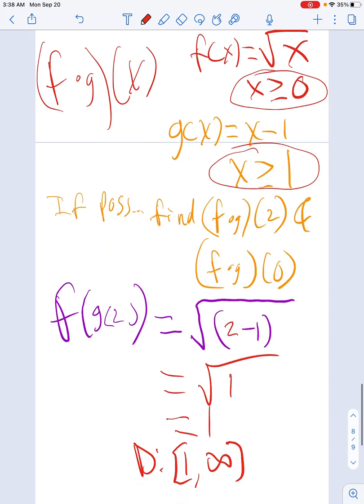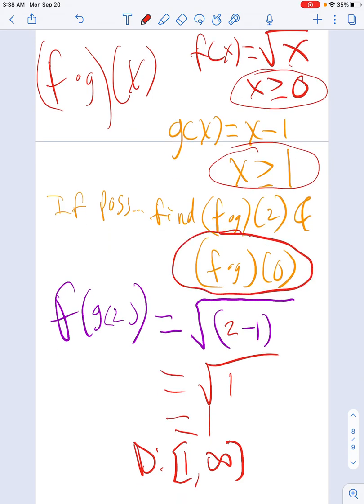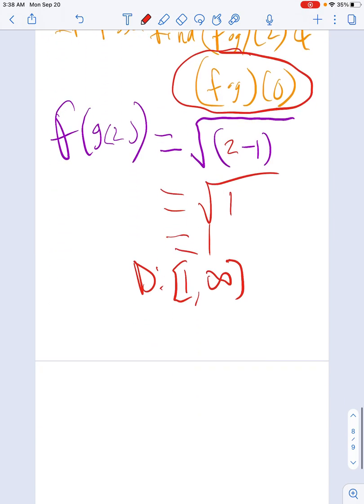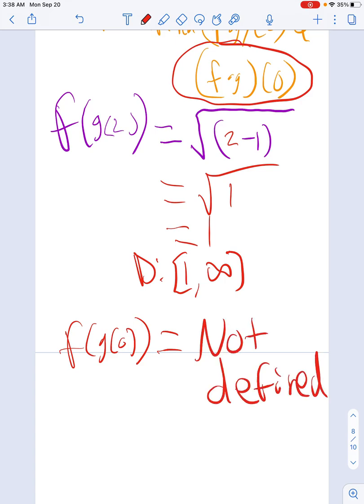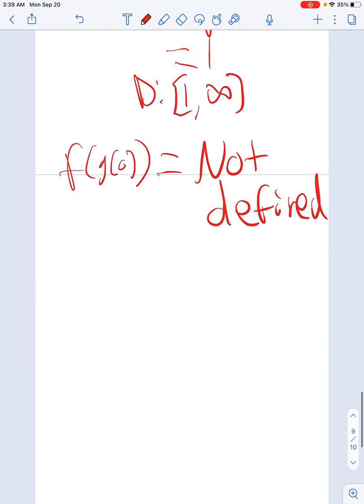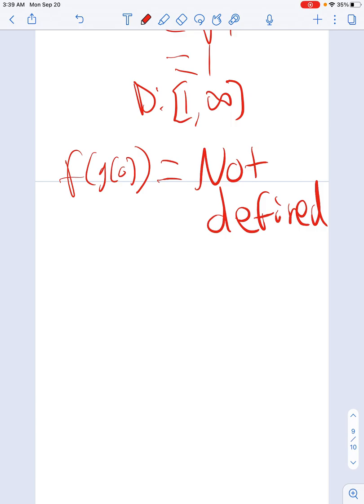Now, thinking about those domains, f of g of 0 is not possible, because the domain for g of x says x must be at least 1. 0 is not in the domain, so we would just say not defined. All right, let's keep going.